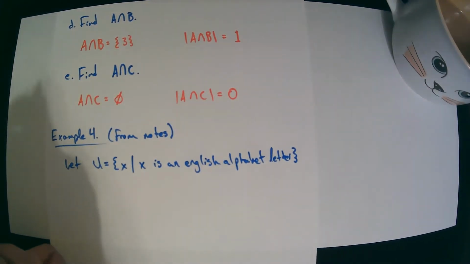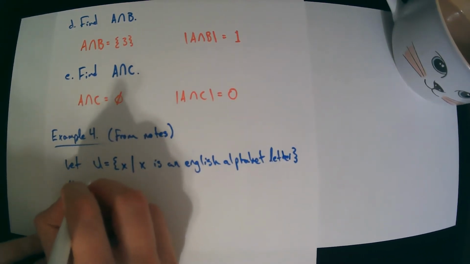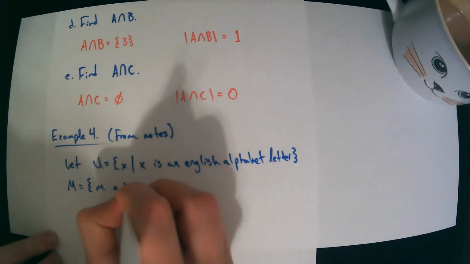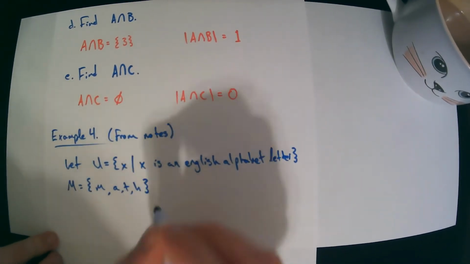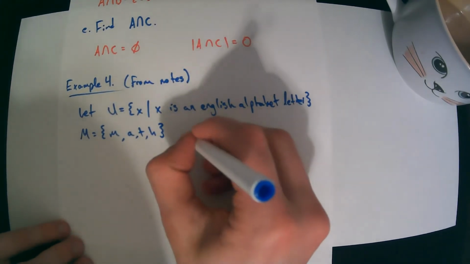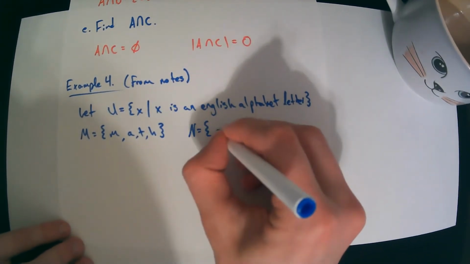Okay. Let M be the set of the letters that spell math, so M-A-T-H. So it's not the single word, it's 4 distinct letters. And N be the set that spells money.